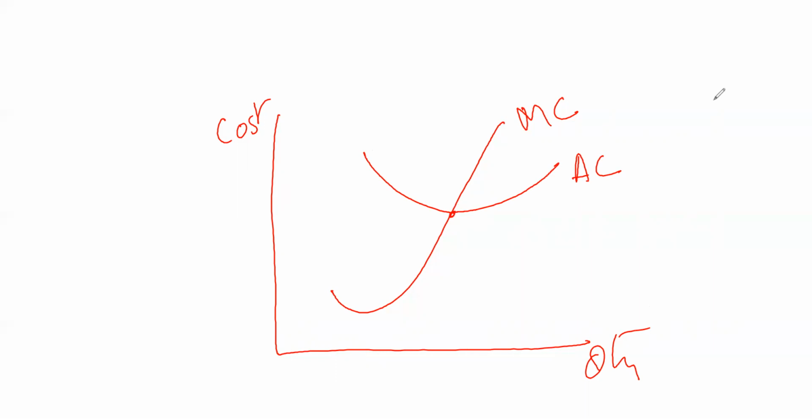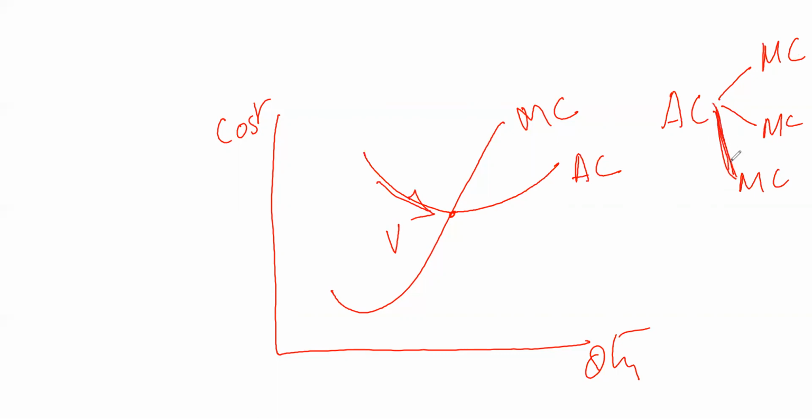This is typically what you may remember, that if you refer to the relation between the marginal cost and average cost, if the marginal cost is below or less than average cost, you can see that the average cost curve falls.